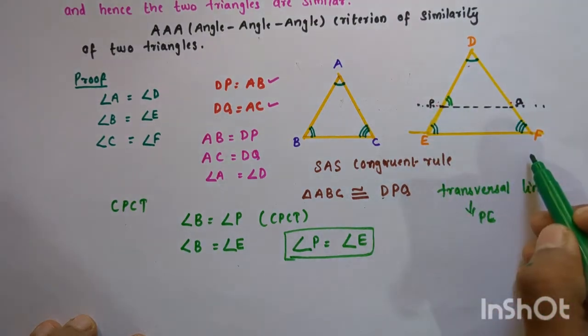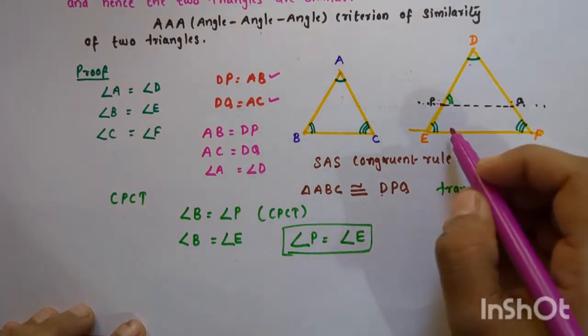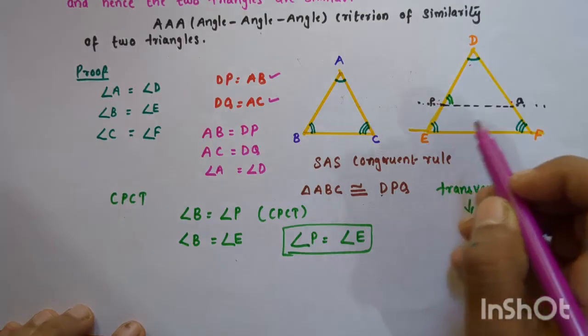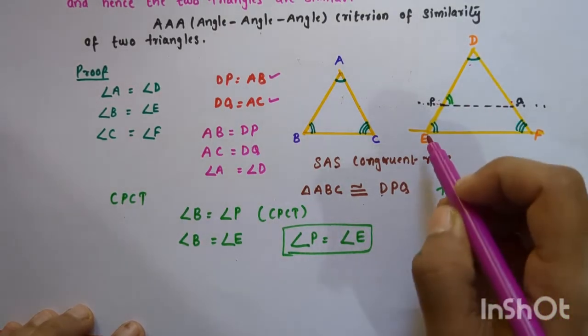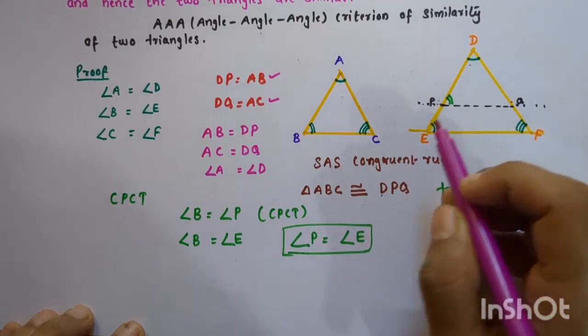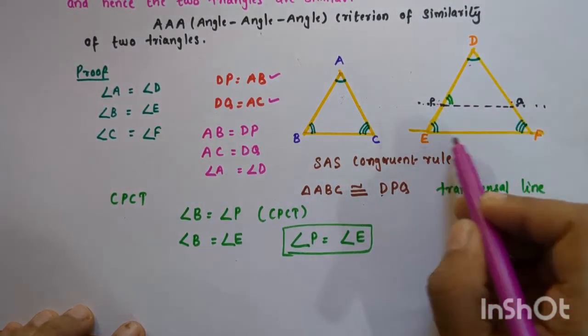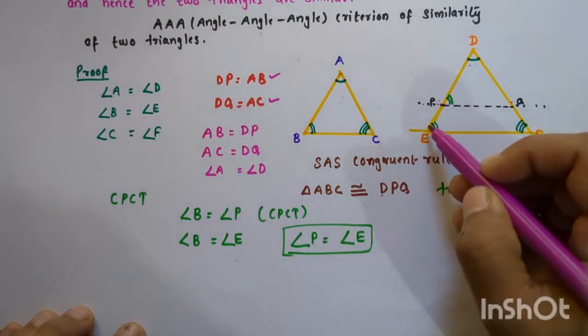When a transversal line intersects two lines, it creates pairs of corresponding angles, alternate interior angles and alternate exterior angles. So for lines PQ and EF, PE is transversal.